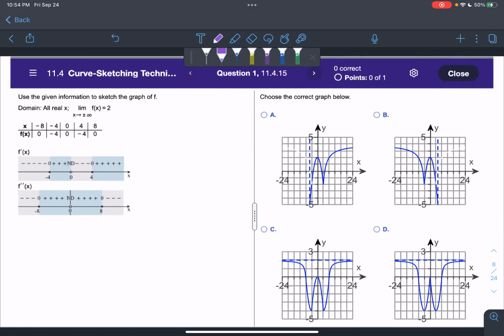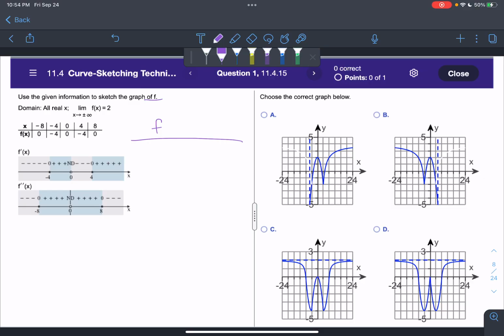Okay, so now we did something similar to this, I believe, in the last section where we were given two sign charts and had to figure out the graph. We want the graph of F. I always like to put the interpretation from these sign charts into words.